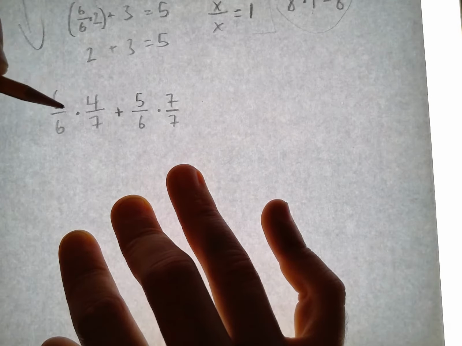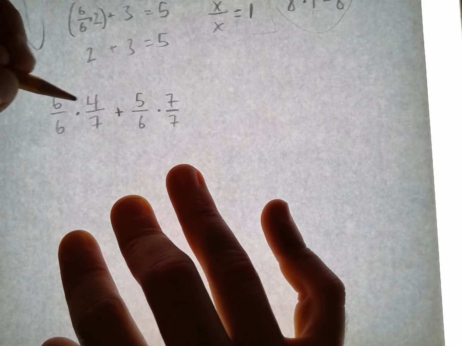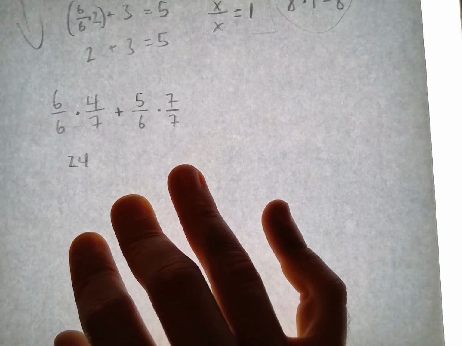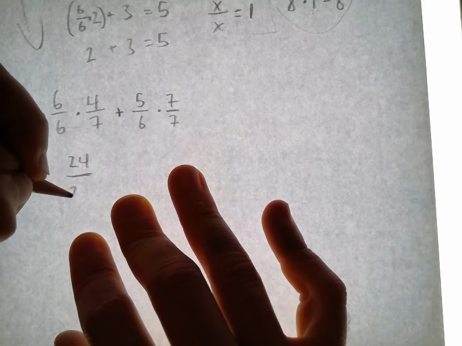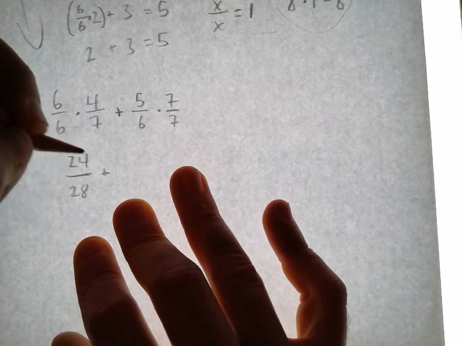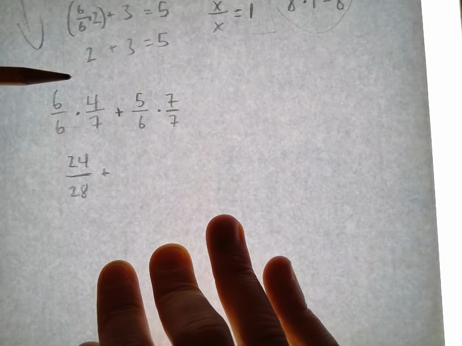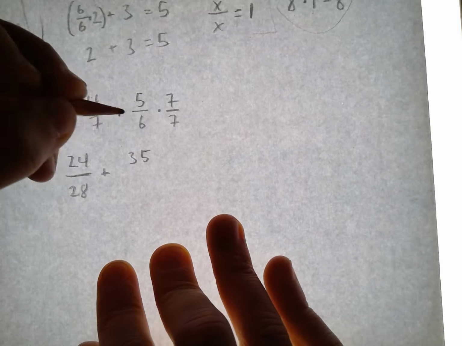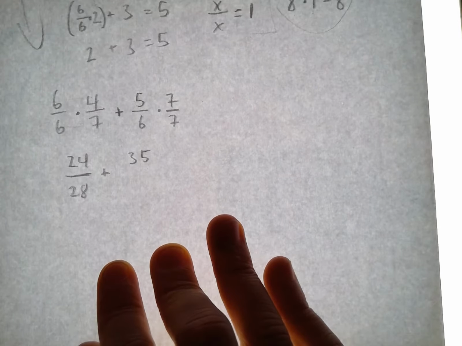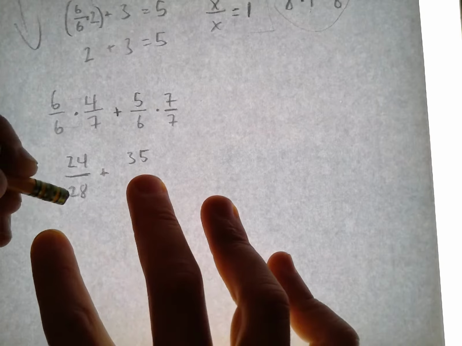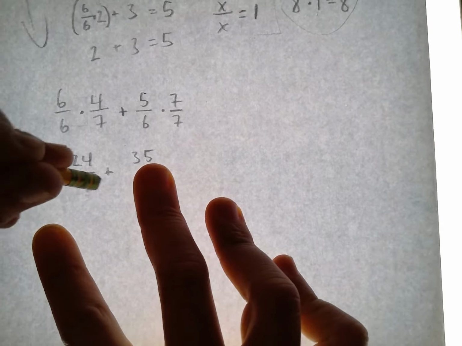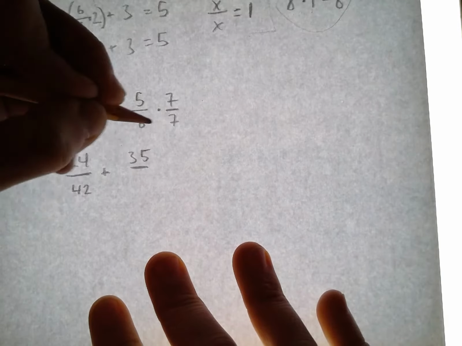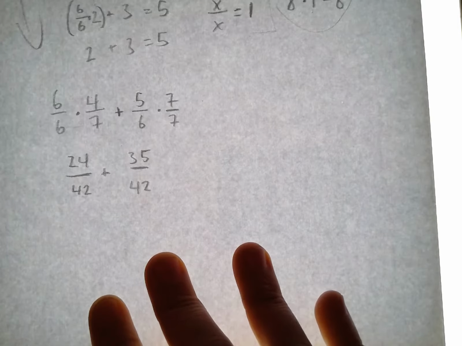Now, following PEMDAS, I'm going to deal with my multiplications first, and I can just multiply straight across. 6 times 4, 24. 6 times 7, 28. And then plus 5 times 7 should be 35. Yep. And 6 times 7 isn't 28. 6 times 7 is 42. 42. And 6 times 7 here, 42.